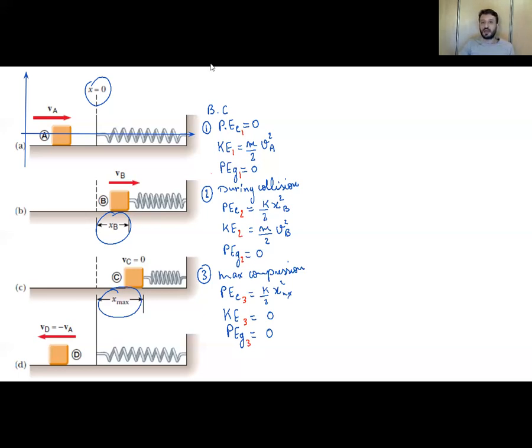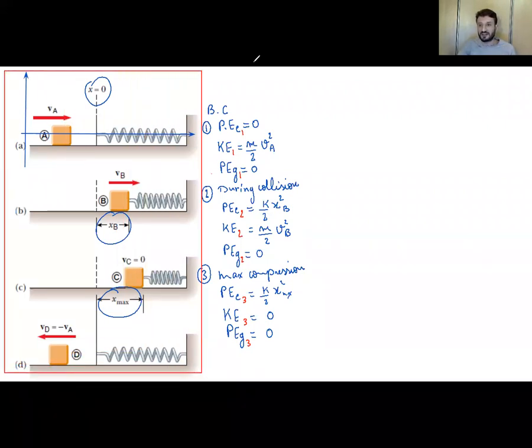As you see here, we have an isolated system. We can use directly delta mechanical energy equals delta kinetic plus delta potential equals the work of F. In part A, we assume that F equals 0. In this case, we have a conservation of mechanical energy.